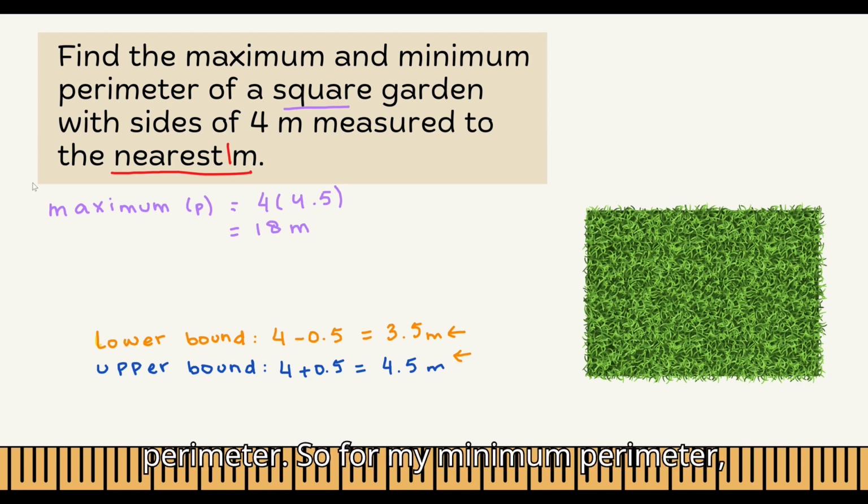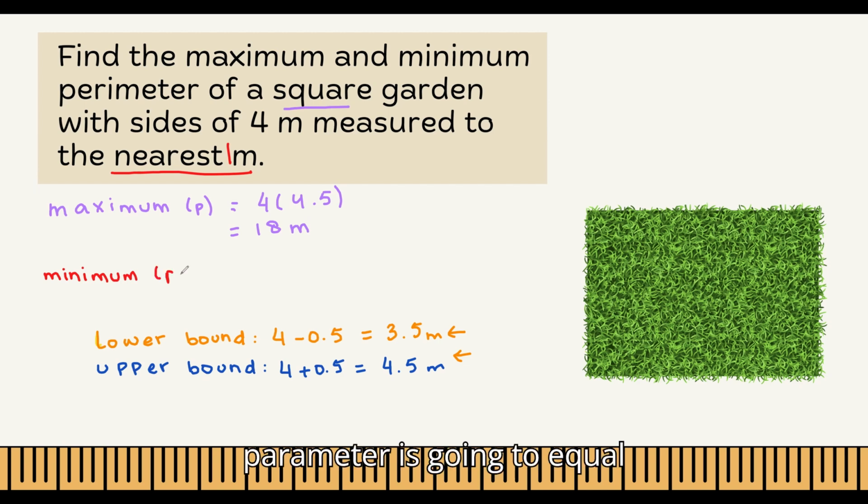Now my minimum perimeter. So for my minimum perimeter, I'm going to use my lower bound. Minimum perimeter is going to equal 4 times my lower bound length, which is 3.5.